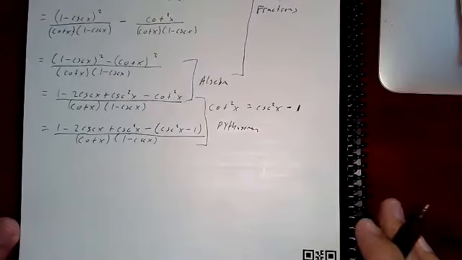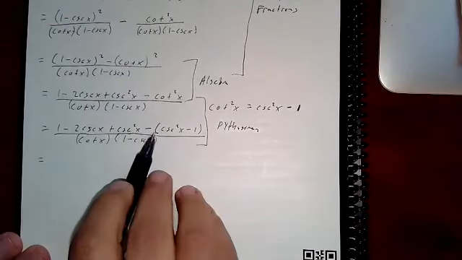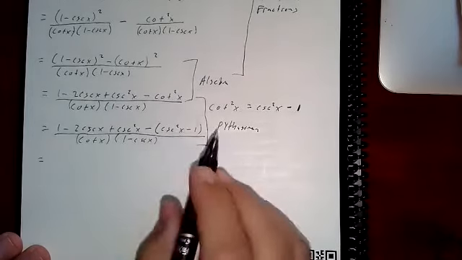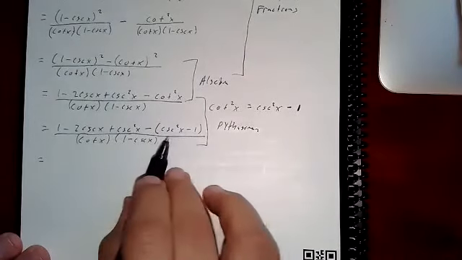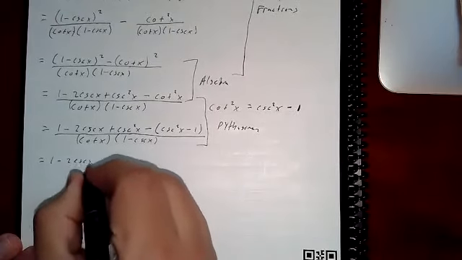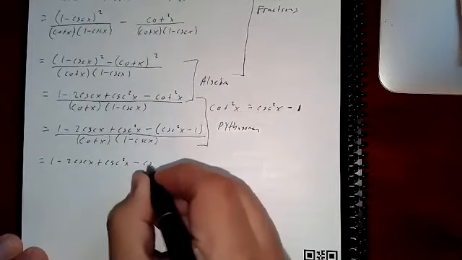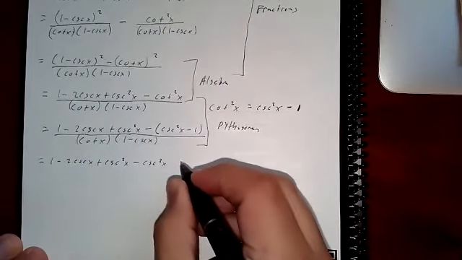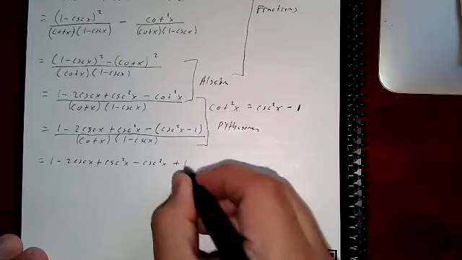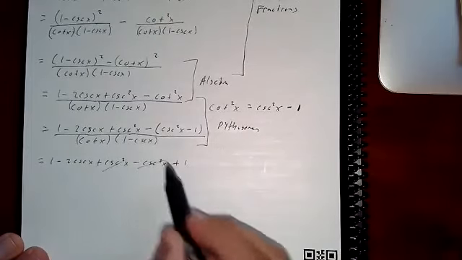Okay. Now we'll do some algebra to combine the top part. So you have a negative there, so that would distribute. So we're going to get a plus 2 and a minus cosecant. So 1 minus 2 cosecant plus cosecant squared x minus cosecant squared plus 1. So this will cancel, right?